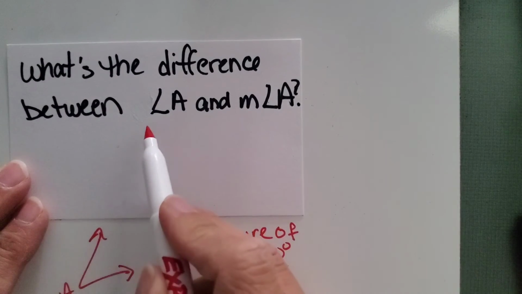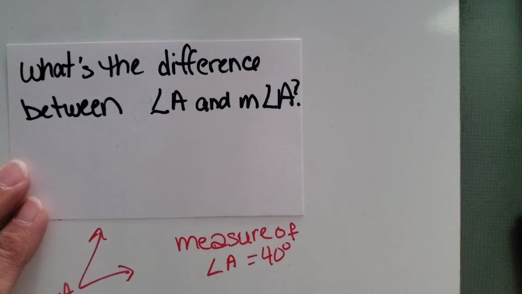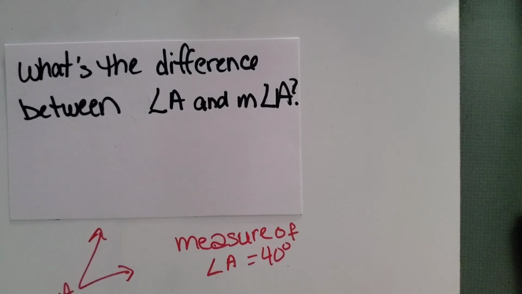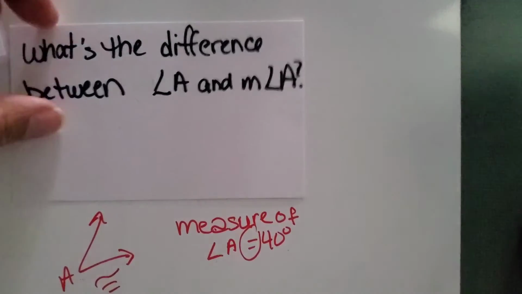So the difference between just angle A and the measure of angle A is that one's talking about measurement. And so when we're talking about measurement, you see this equals. When we're talking about congruent, we're talking about the shape. And we are going to talk about that next.